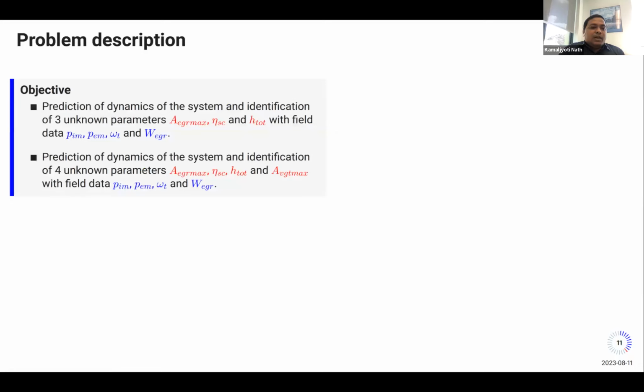So problem statement, we have two objectives. One for predicting Azure, eta SC, and H total. We have data from the field, these 4 data, PIM, PM, omega T, and WZR. And the second part, we have 4 unknowns with the same data input. And then we have 2 types of data. One is the field data for the PINN part. One is the laboratory data for the P-chain networks.